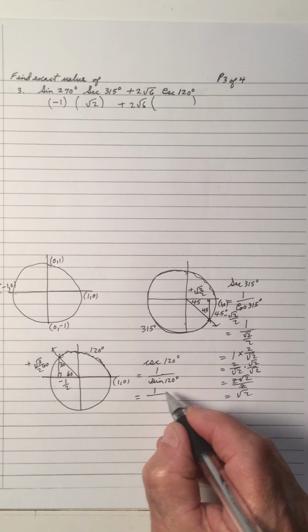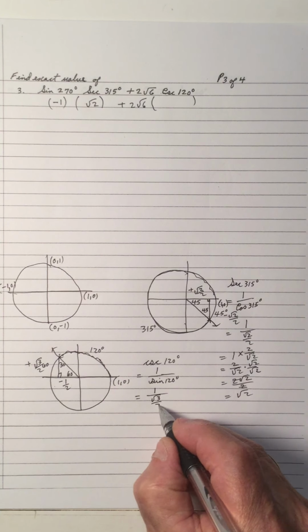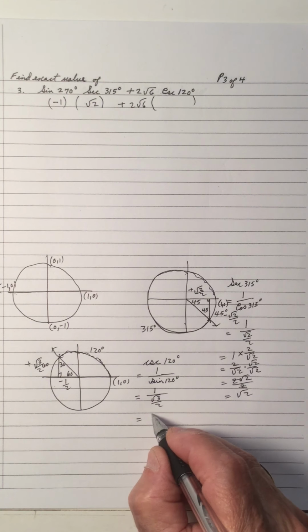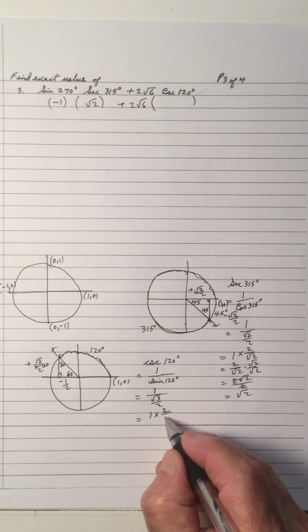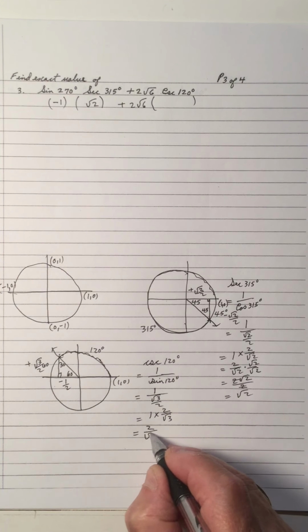And the sine is the y, and the y is root 3 over 2. And that gives us the reciprocal. I could go 1 times the reciprocal like that. And that gives us 2 over root 3.